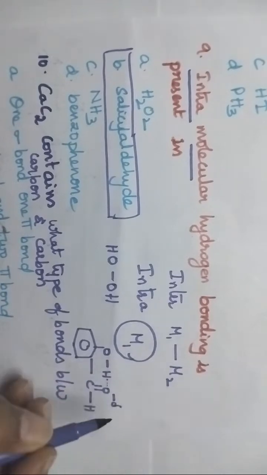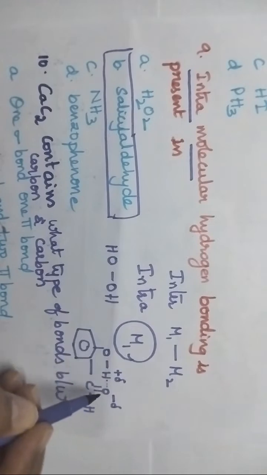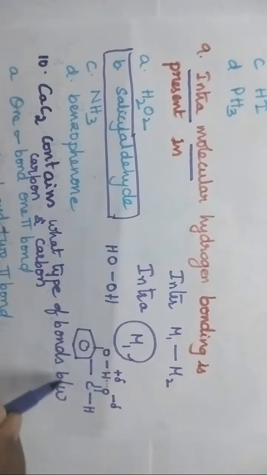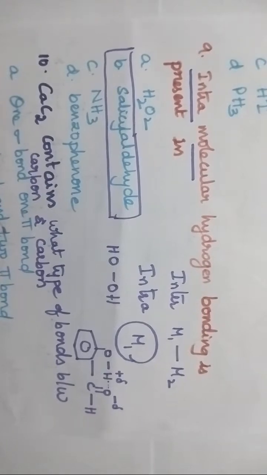Oxygen is electronegative, whereas hydrogen is electropositive, and hence within the molecule there exists a hydrogen bonding, and hence it is called as intramolecular hydrogen bonding. So option B, salicylaldehyde is the right answer. Clear? Very good, Swati.